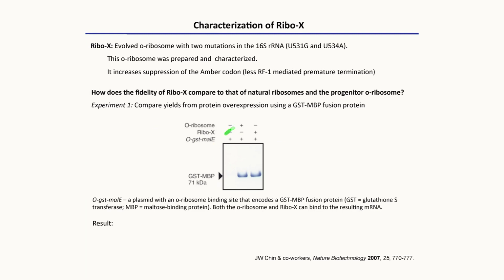And then I think what you meant to say is that in these 2 lanes, where we have either the starting orthogonal ribosome or ribo-X, what we see is what appears to be a very similar amount of protein. Here, you assume, and you look at the experimental, the same volumes were loaded, all of these things, we're getting the same amount of protein yield. So that's a great result, okay. That's good news. What's the next experiment?